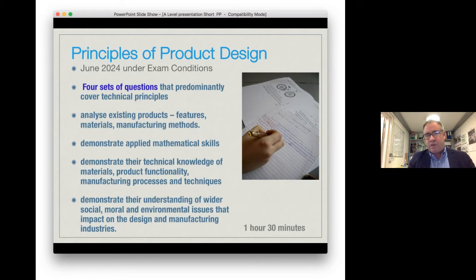And also here we've got up to about 15% maths, but this will be applied maths, working out using trigonometry, for instance, working out volumes, whatever is applied to actual design scenarios. Very, very similar, 4 sets of questions, and very familiar to the one you'll be sitting at GCSE.